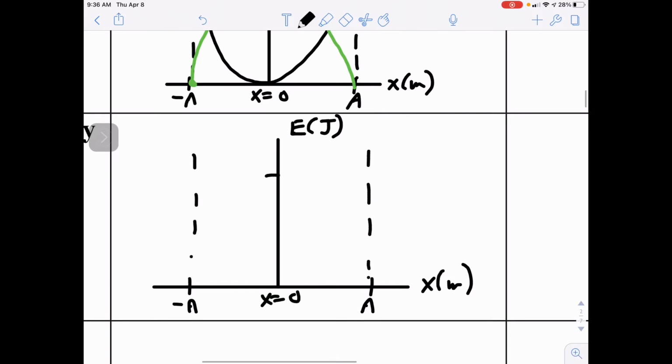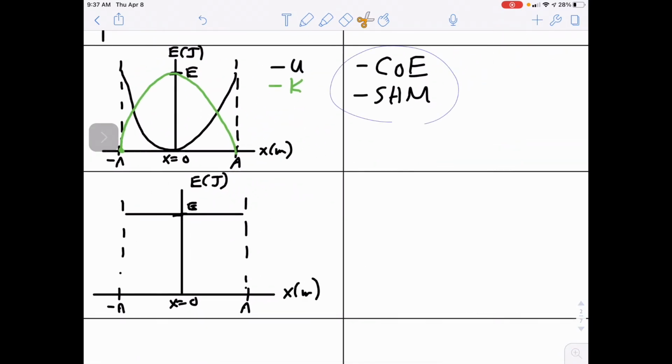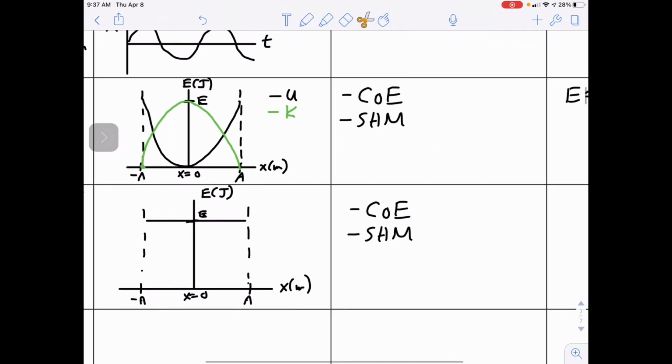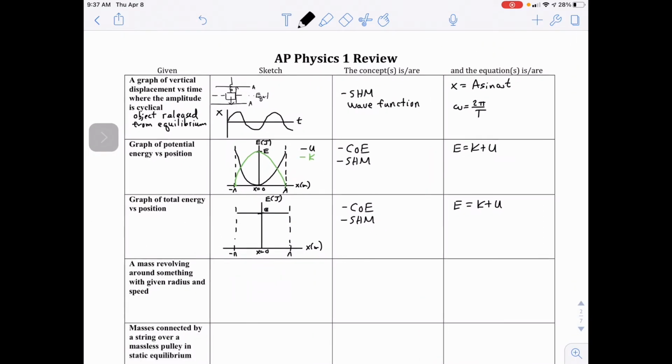But this time, your total energy is just going to be constant all the way across. Okay, again, this is a conservation of energy and simple harmonic motion scenario. And the only equation we really need to know with that is that total energy is the sum of kinetic energy and potential energy.